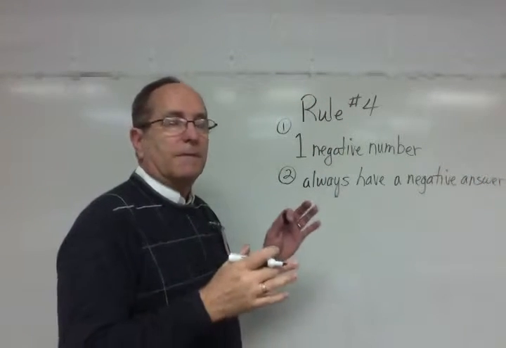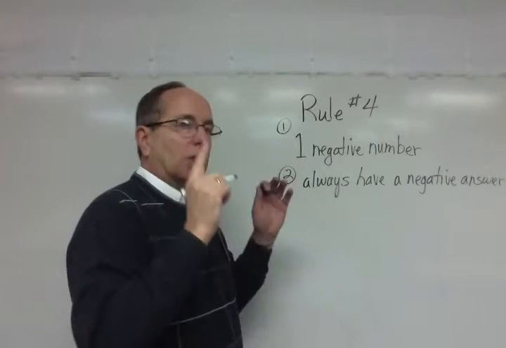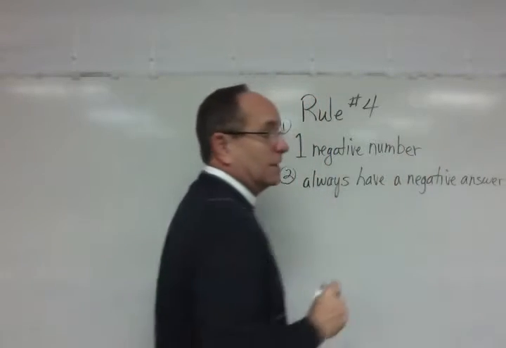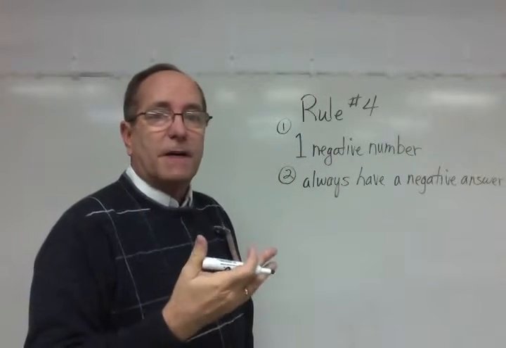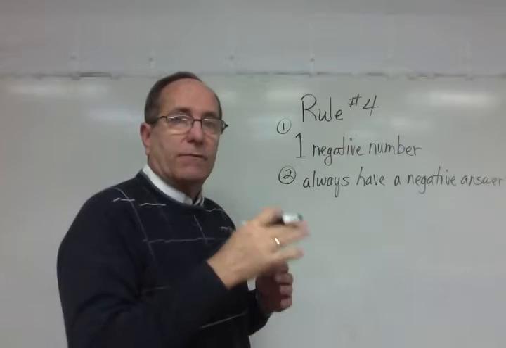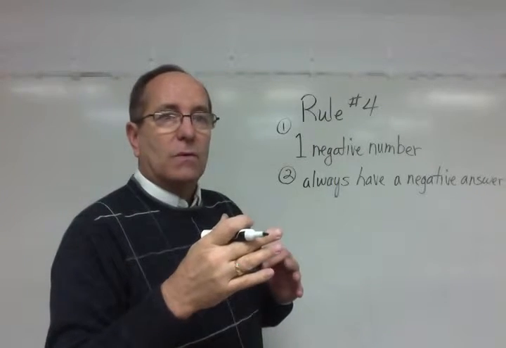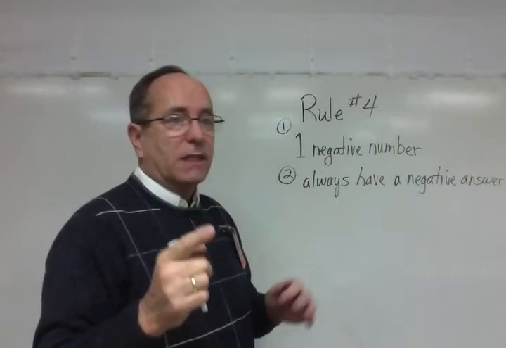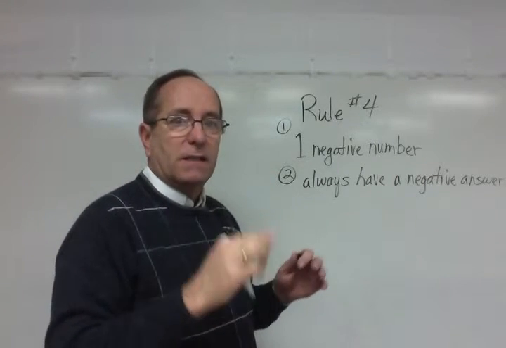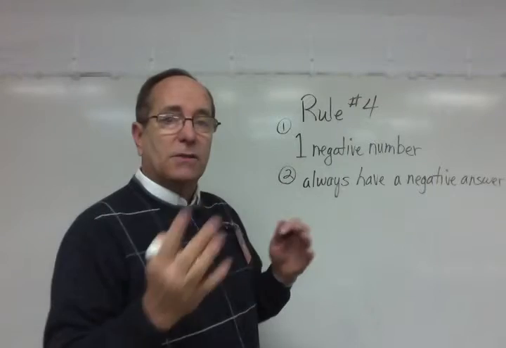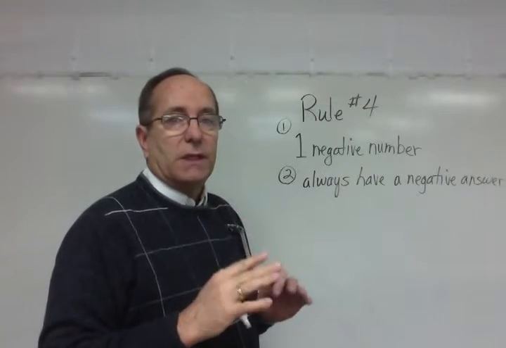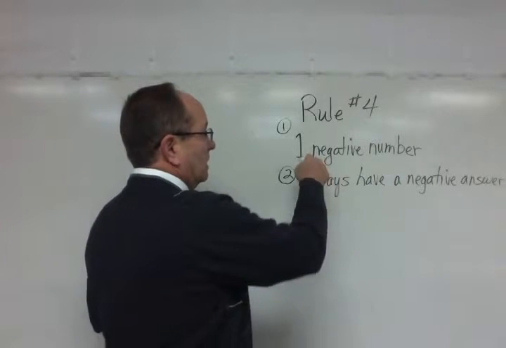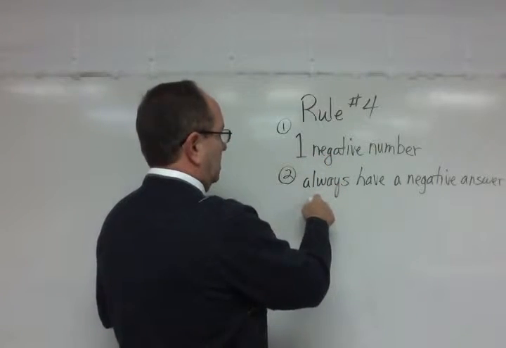If I have one negative number, it's always going to be a negative answer, whether this is a factor, or if I am working backwards and I have one of the factors and the answer. If one of those numbers is negative, the other one I'm trying to find, whether it's the other factor or the answer, is going to be negative. That is always a rule to remember and memorize. So one negative number, you always have a negative answer.